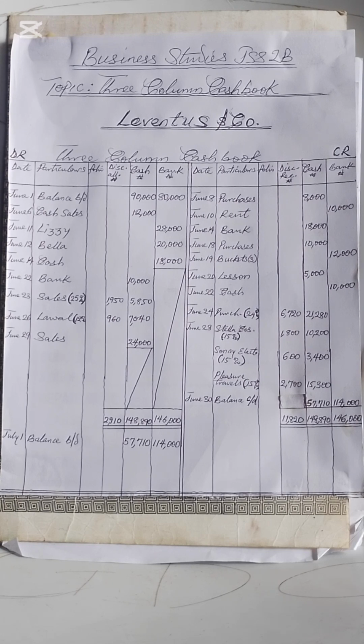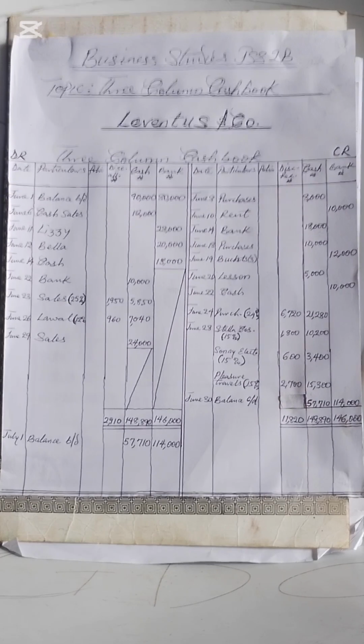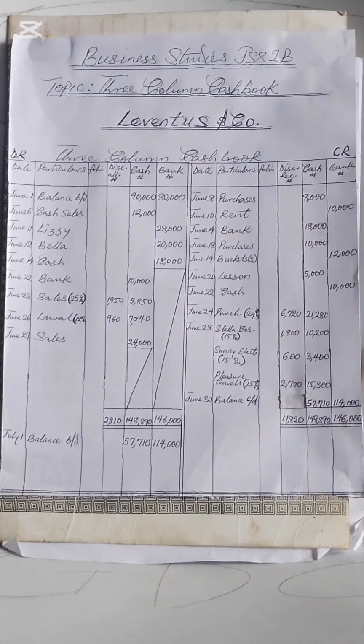June 26. Allowed a discount of 12% on 8,000 to Lawal. Allowed. So which means Lawal paid money, but we allowed a percentage of 12%. Good. Do your calculation, and then of course it's going to be at the debit side because you received the money from Lawal. Good.